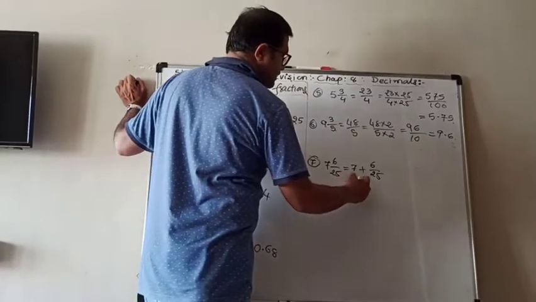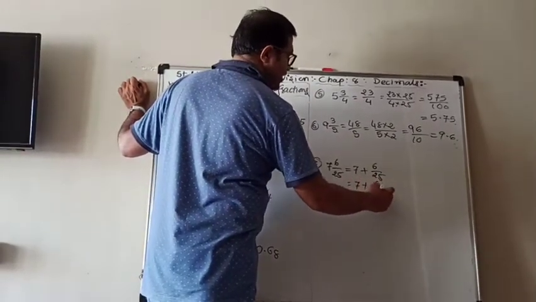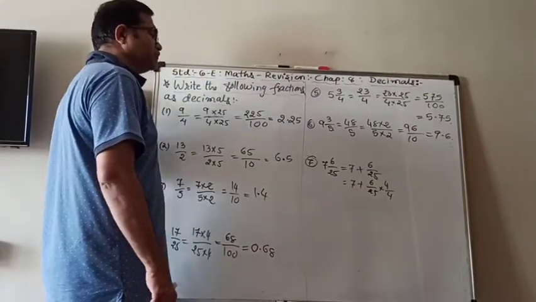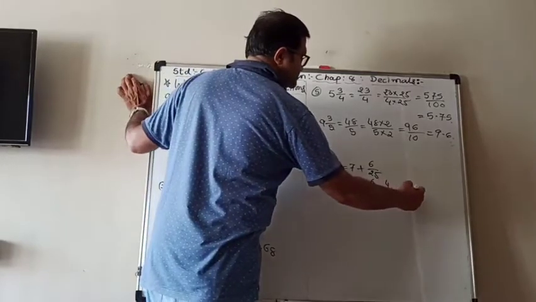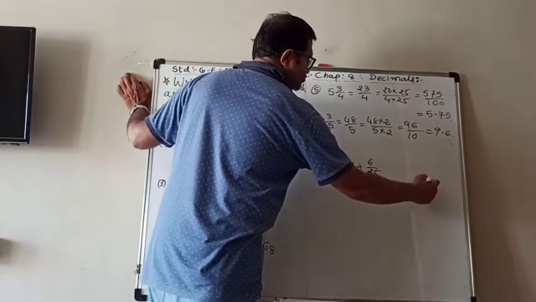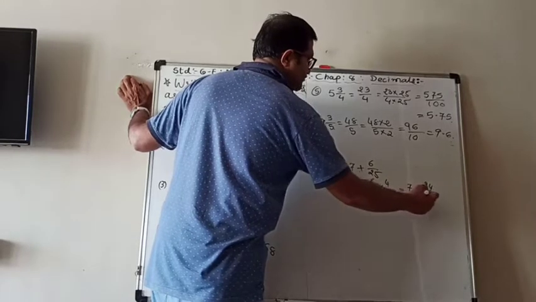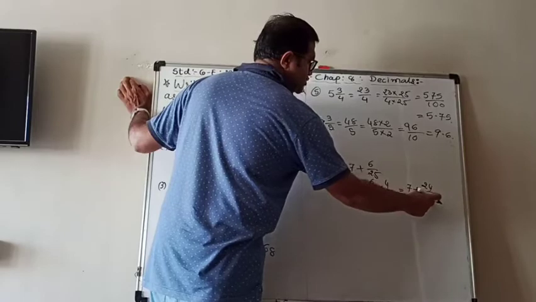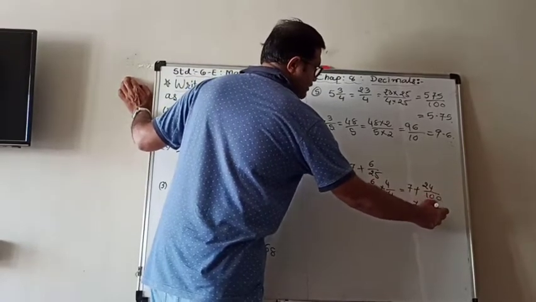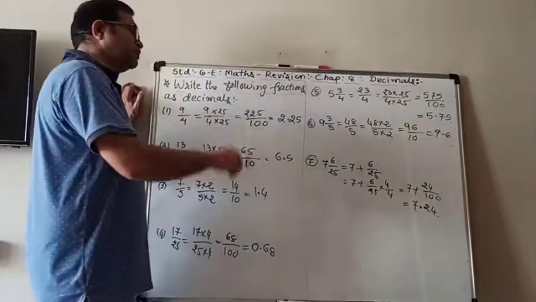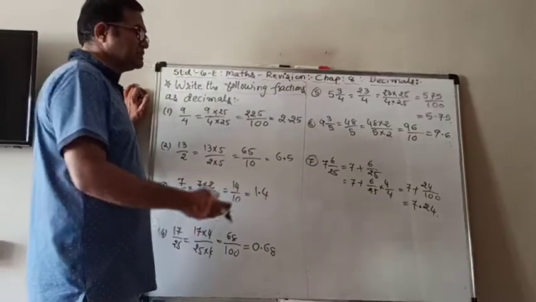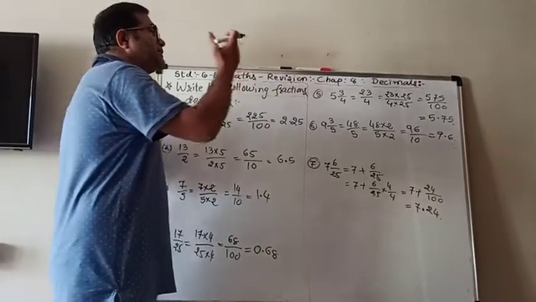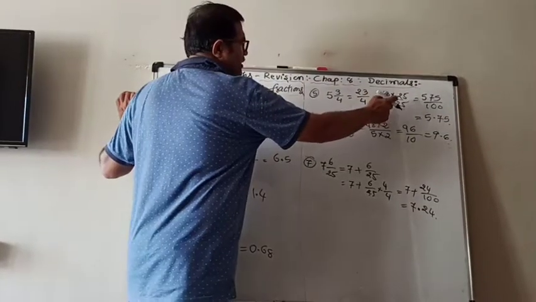So now it is 7 plus, now 25 4s are 100. So we multiply both by 4 and therefore it is 7 plus 6 4s are 24 upon 25 4s are 100. So now 7 point, 2 decimals and there is 24 already. So we can do it like that also. It is simple. Then we don't have to go for the big multiplication. Here also we can do it like that.